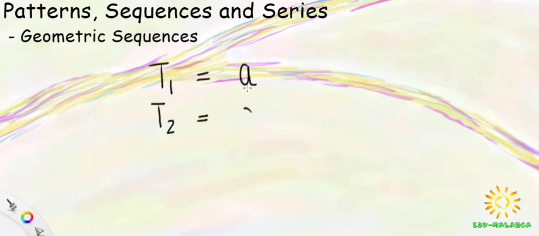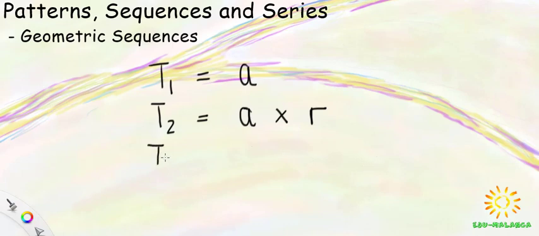So we take the A, and then we need to multiply by something. And what we multiply by is called the common ratio. It is denoted using the variable R. The common ratio is referred to as common because it is what you multiply the current term that you are looking at by in order to come up with the next term. You will always multiply with that ratio to derive the next term, hence the words common ratio.